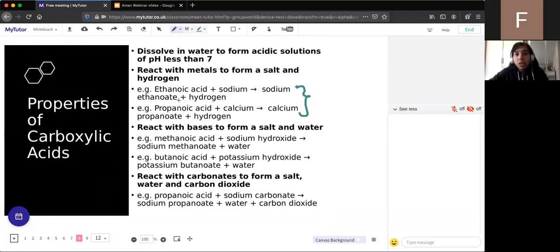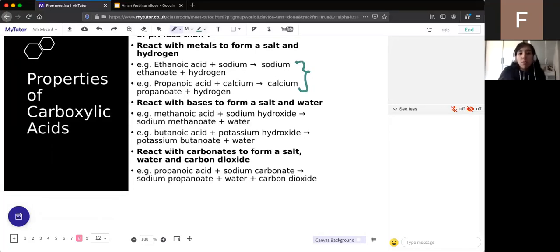So just like all acids, carboxylic acids react with metals to form a salt and hydrogen. So sodium ethanoate and hydrogen, calcium propanoate and hydrogen. What if we had methanoic acid reacting with potassium?